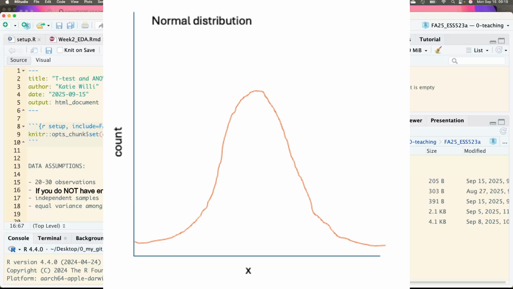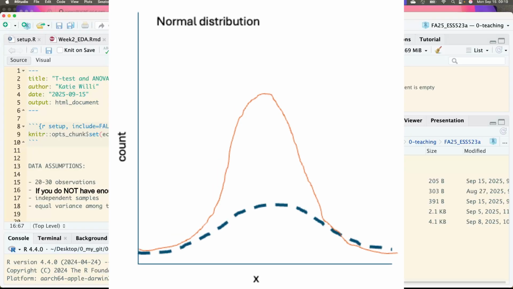But what a normal distribution is really just having a nice bell curve shape. So your bell curve can look like this. It could look like what we had there. That's still normally distributed, right? It's kind of like a mirror image from the mean on both sides. That's what we call normal distribution.